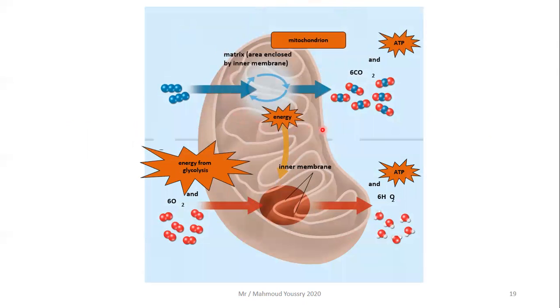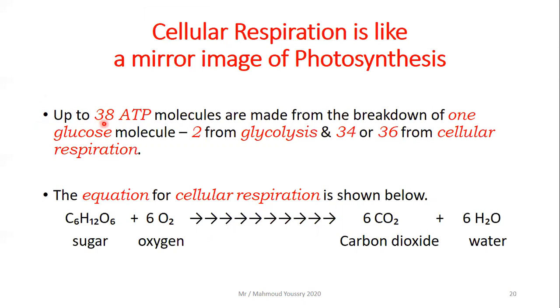Now we can understand what's going on during cellular respiration in the mitochondria. Up to 38 ATP molecules are made from the breakdown of one glucose molecule, two from glycolysis, which happens in the cytoplasm, and 34 to 36 from cellular respiration.